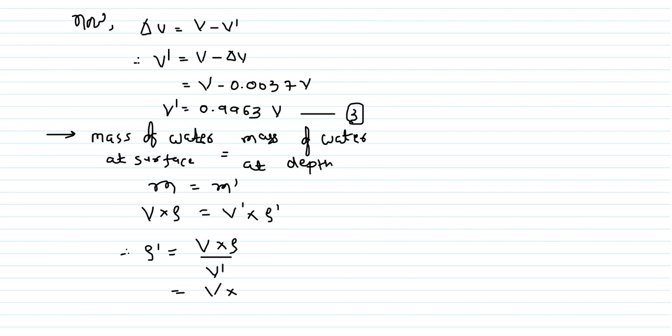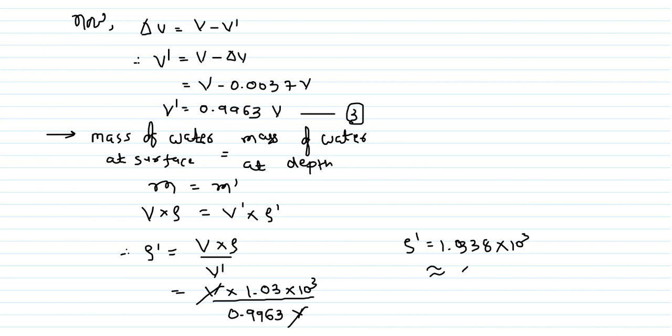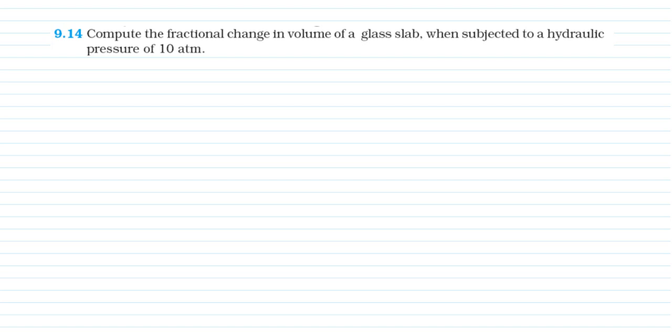V we keep as it is. Rho is the density 1.03 into 10 raised to 3, and V dash is 0.9963 V. V gets cancelled, so when you solve this, rho dash is 1.0338 into 10 raised to 3, that is nearly rho dash equal to 1.034 into 10 raised to 3 kilogram per meter cube. Right friends, it is a little lengthy but it is easy.